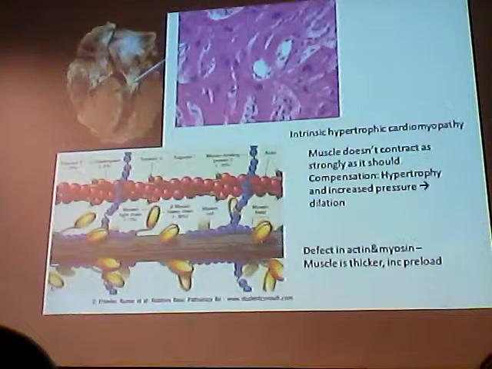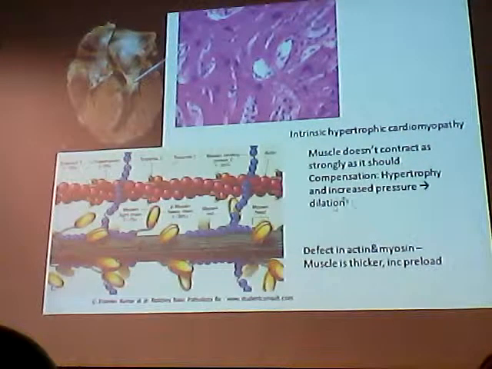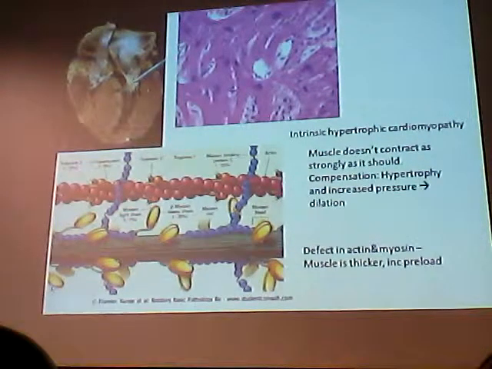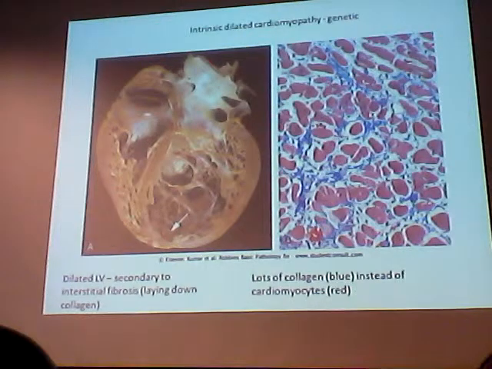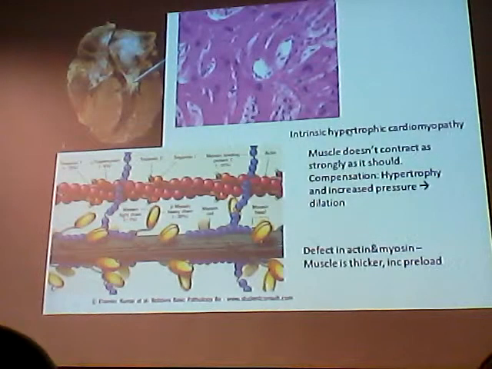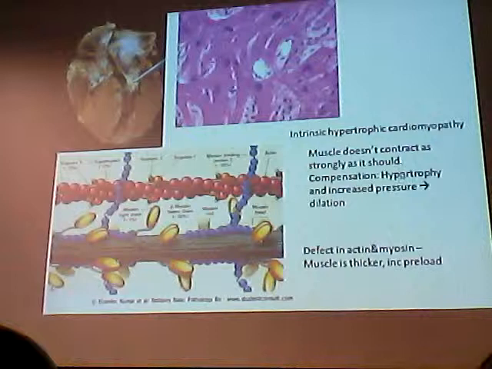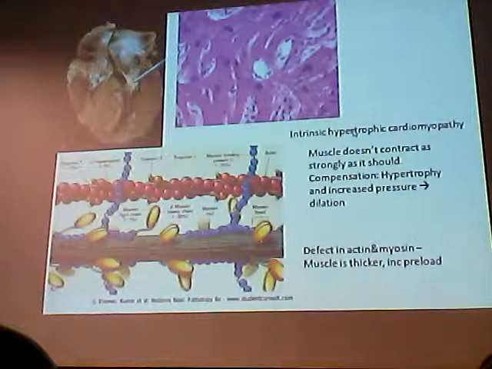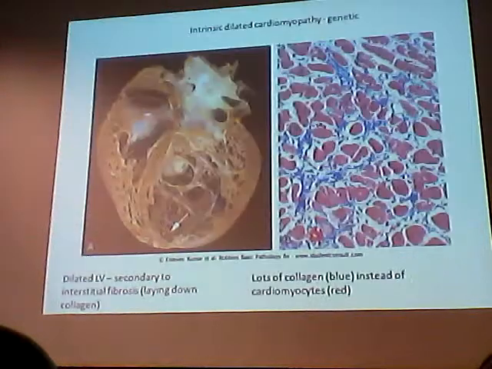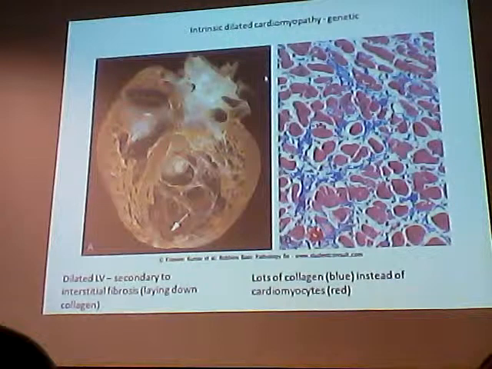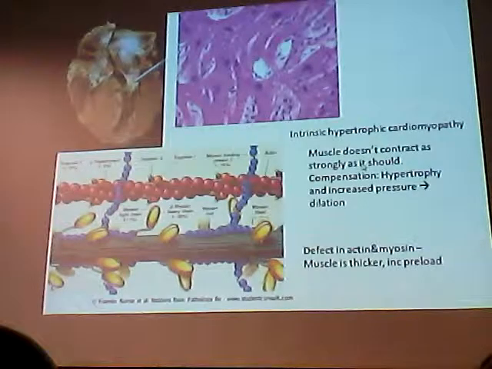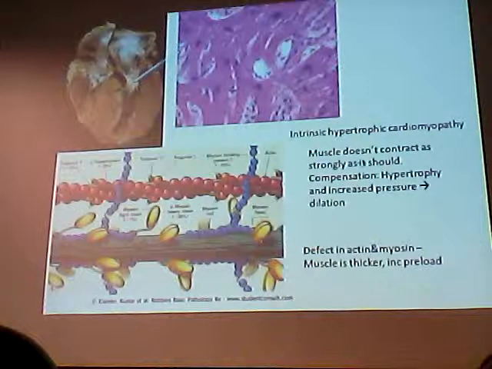And this is caused by a defect in actin and myosin, so that muscle gets thicker and you increase the preload, so you want to increase dilation to help that. But at the same time, you also get the collagen getting laid down. Actually, no, you get thicker muscles in this. So this is hypertrophic. The previous was dilated. So it's slightly different, but similar forms of cardiomyopathy.